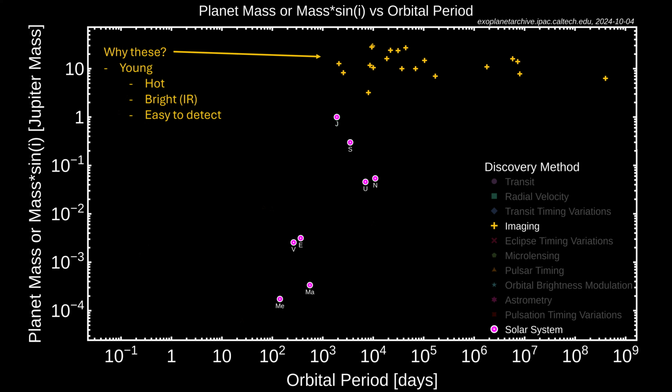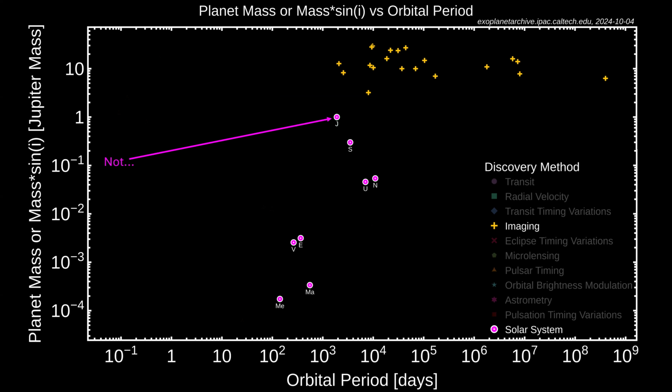And so we get all these young, hot, bright planets that are also far from their primary star, within the region where we can actually see them. If we want to go and search for planets that are like the planets of our solar system, for example, Jupiter, it is not young.